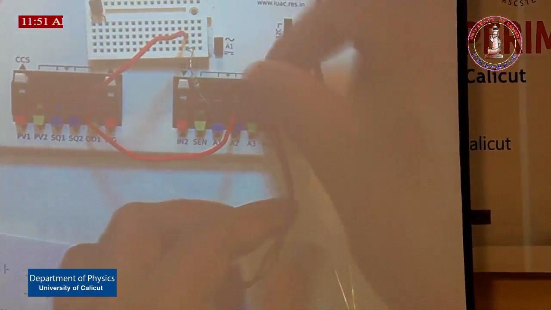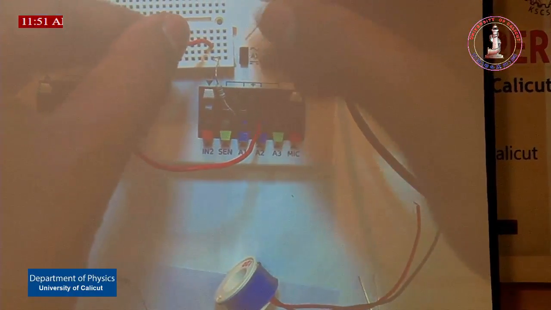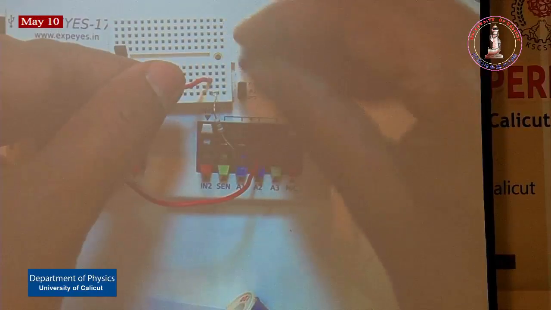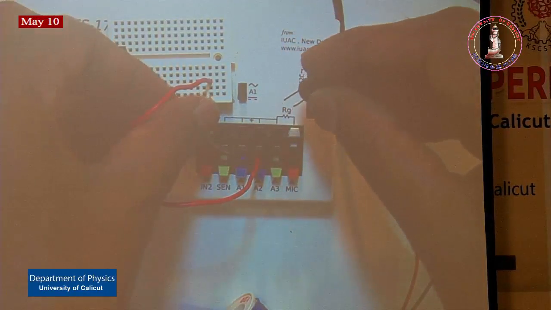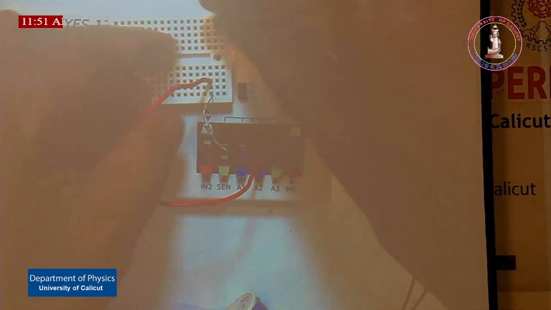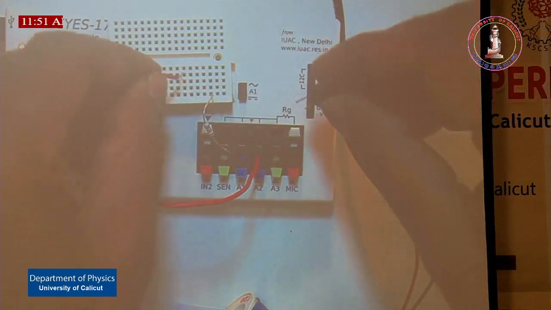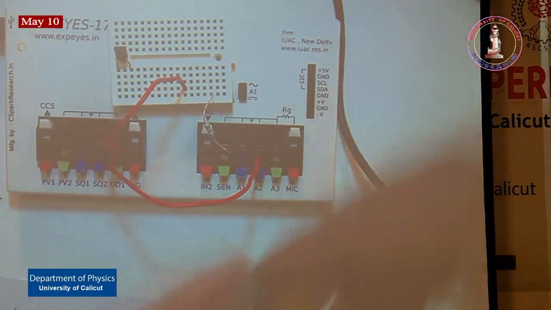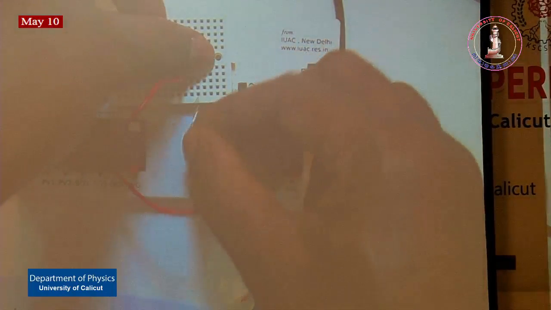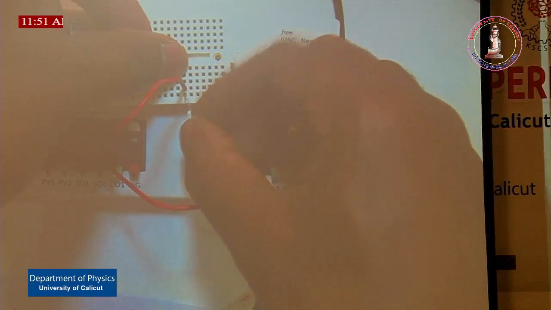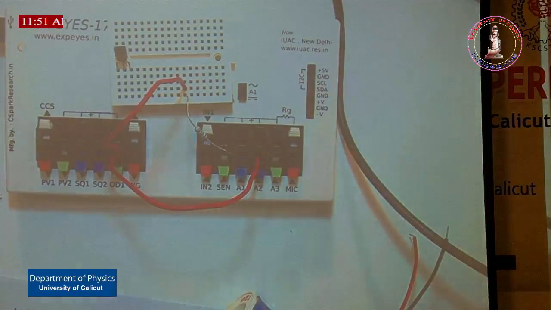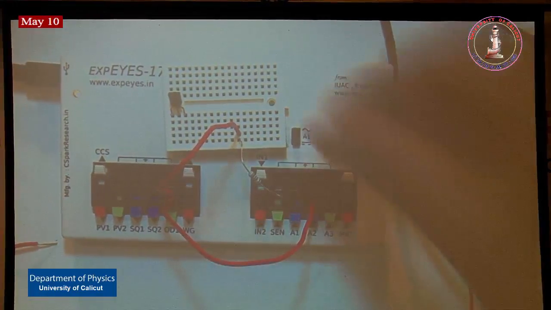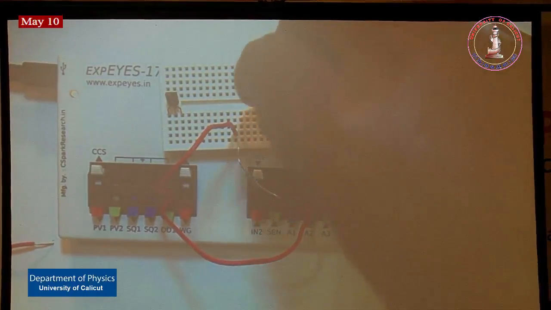Here is the midpoint. The resistance is coming from OD1 and then it goes to A1.